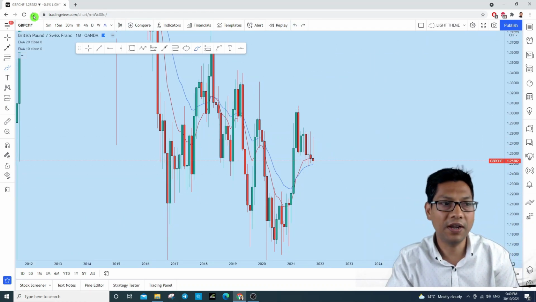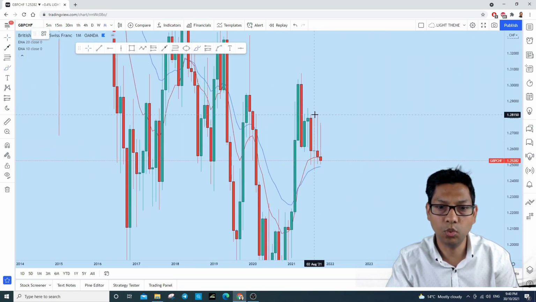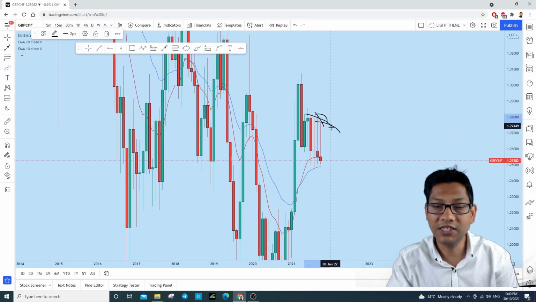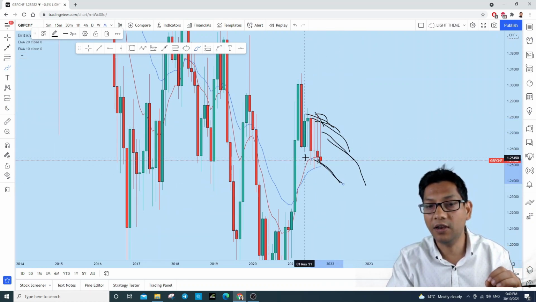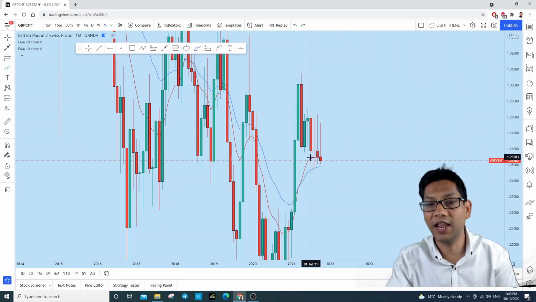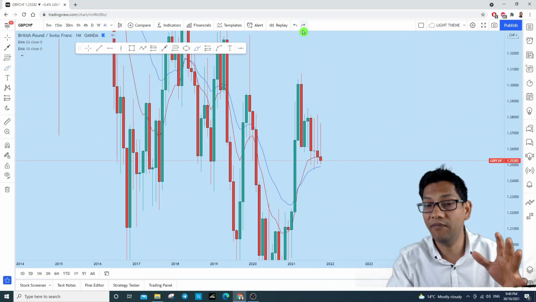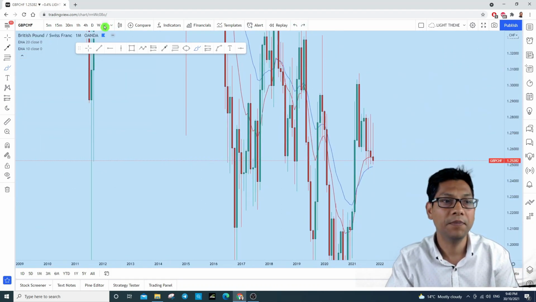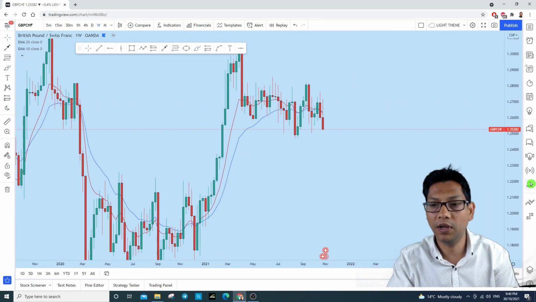Now see the pattern of these monthly doji candles. In most cases these dojis are creating a lower high and lower low. When you see a pattern like this, you can expect it slowly to break to the downside, and it could be a very strong breakout. Now let's go down to the weekly time frame to see what kind of trading opportunity we have.